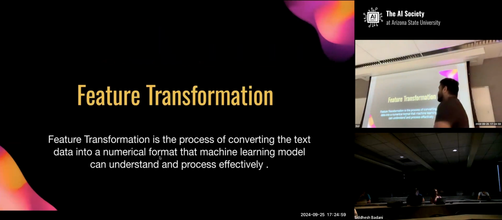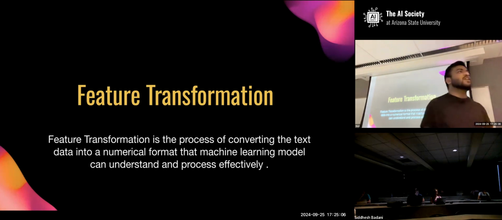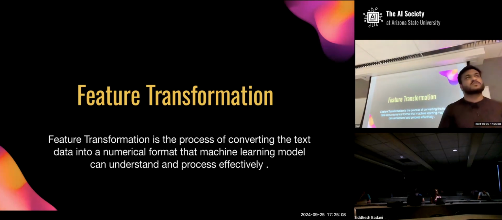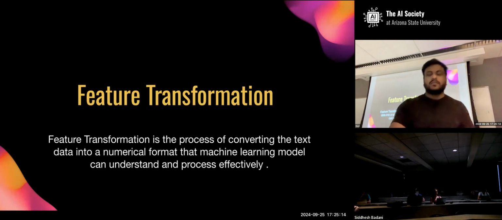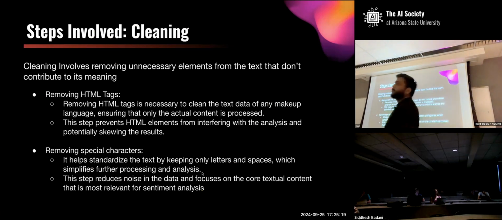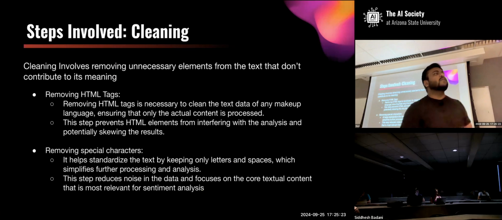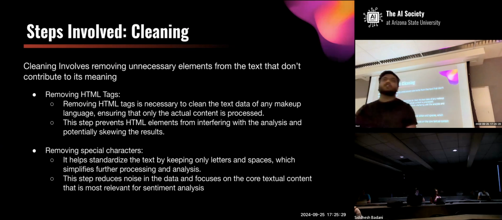Coming back to feature transformation, as I have mentioned a couple of times by now, in this step we convert the text data into different features in a numerical format which the machine can understand. For that, there are multiple steps involved. The first one is again cleaning. Don't confuse this with the data cleaning we did earlier, which is applicable to all machine learning projects.